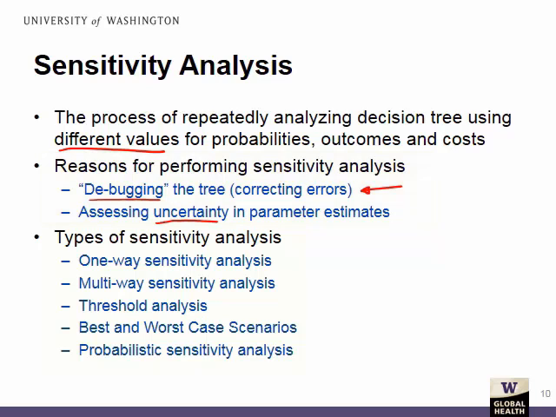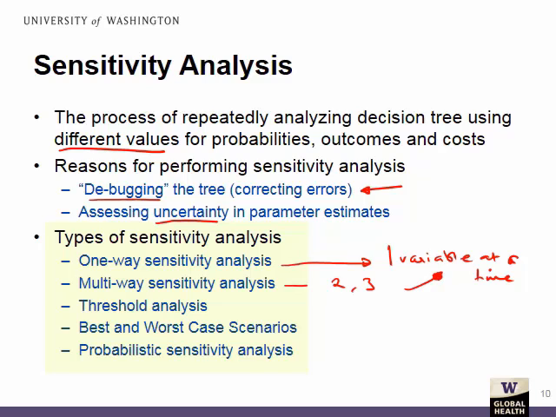The types of sensitivity analysis are one-way sensitivity analysis, in which one variable is varied at any one time, and you see the impact of this on the results of the model. Multi-way is many variables, maybe two-way or three-way, so multiple variables are varied at the same time.